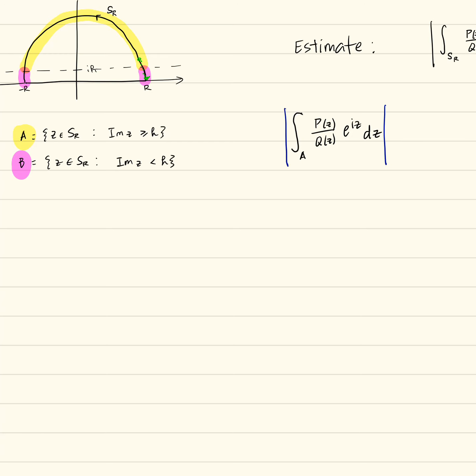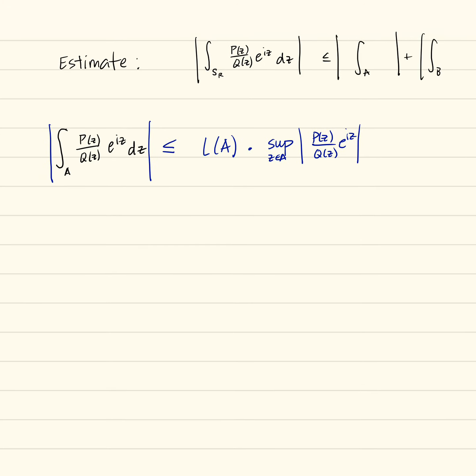So this is going to be less than or equal to the length of A times the supremum for all z in A of P(z)/Q(z) e^(iz). Okay? Oh, you can't see that really. Okay, there we go.